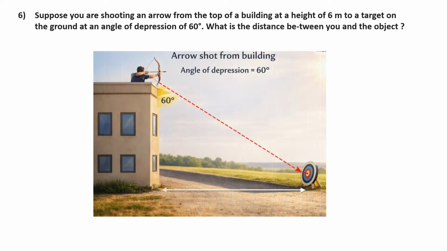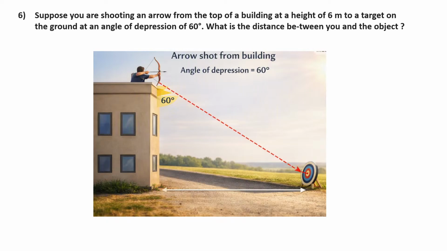You can see the diagram. So in the image, the observer is above the ground level, on the building. The target is on the ground. Now the target is below the observer, so the observer must look downwards. His head is looking downwards, right?